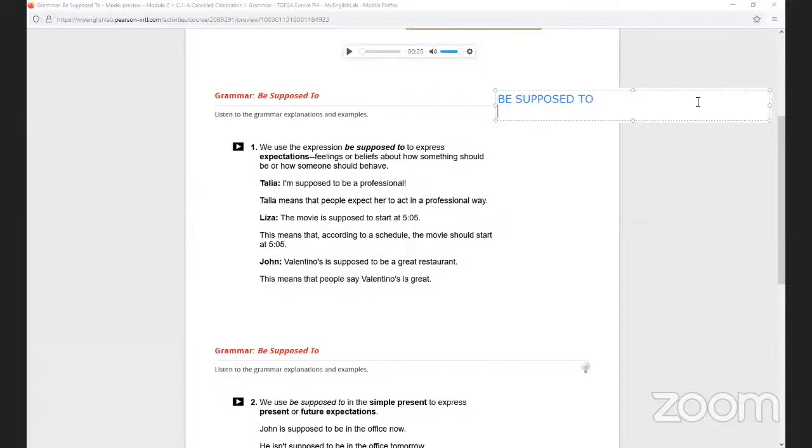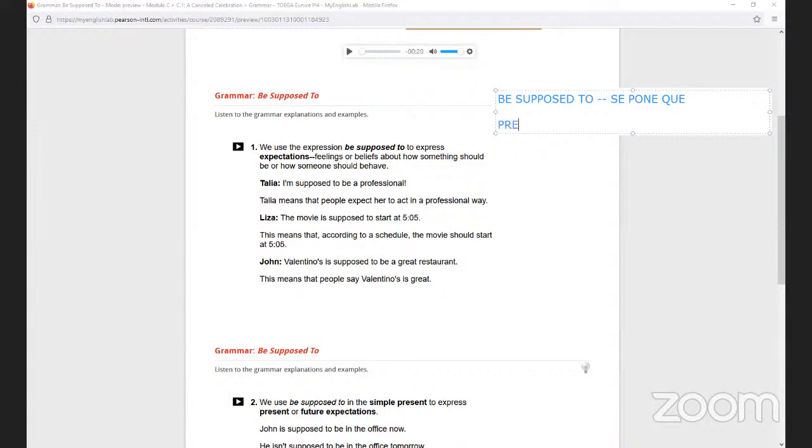When we talk about things that we expect, okay, for expectations, so it means "se supone que" in present or "se suponía que" in past, okay? So now we're going to see here, for example, this.